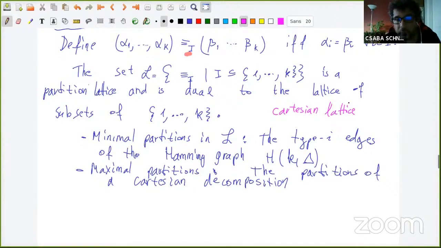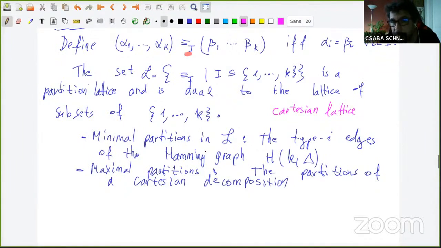And why is it related to the Hamming graph? Here, the minimal partitions of this partition lattice are determined by the type i edges of the Hamming graph. A type 1 edge would be between two vertices that are different in the first position and equal in the other positions.